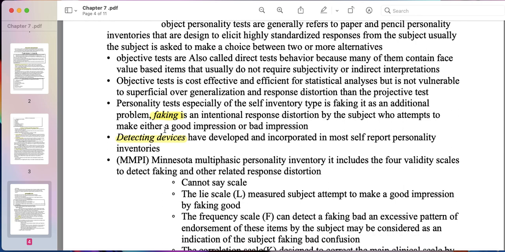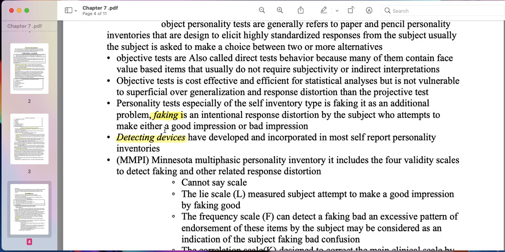Pretty much that you're taking face value from whatever questions you're administering.